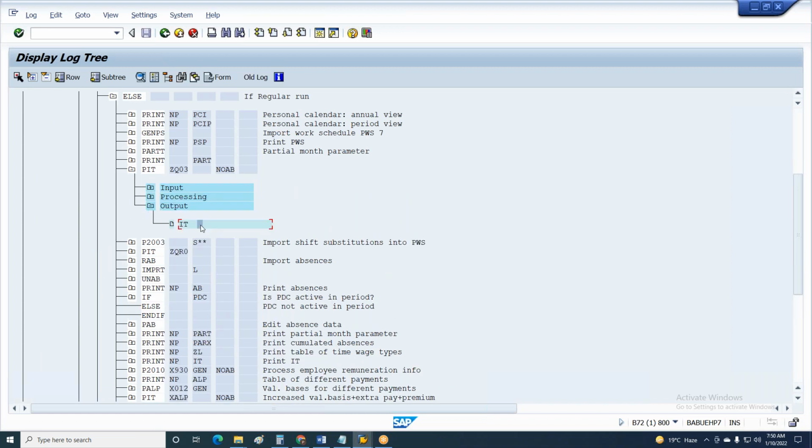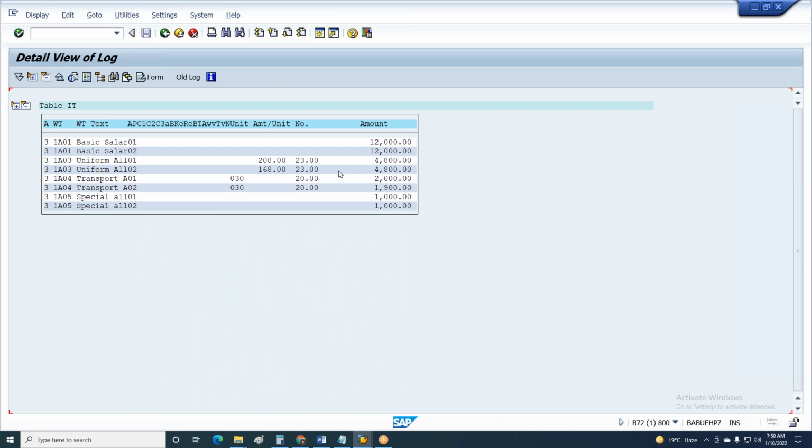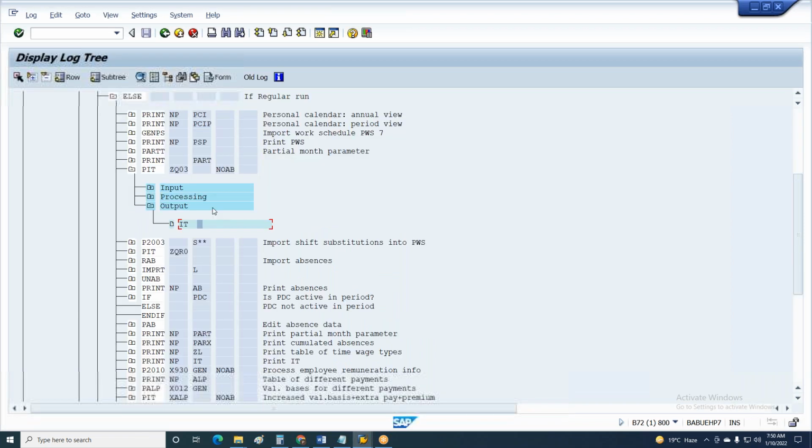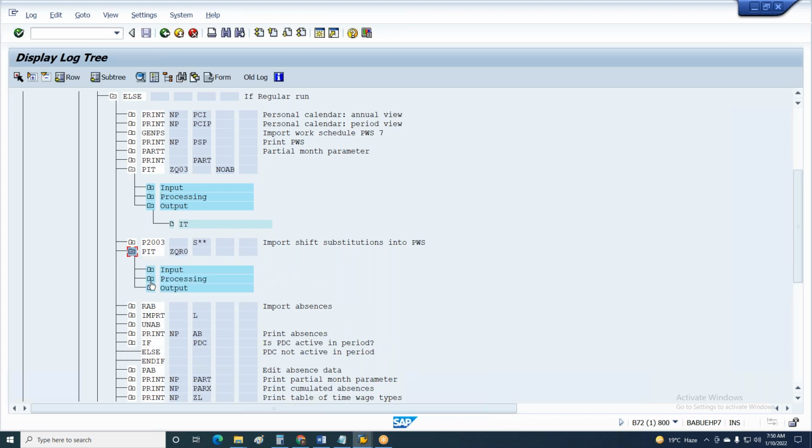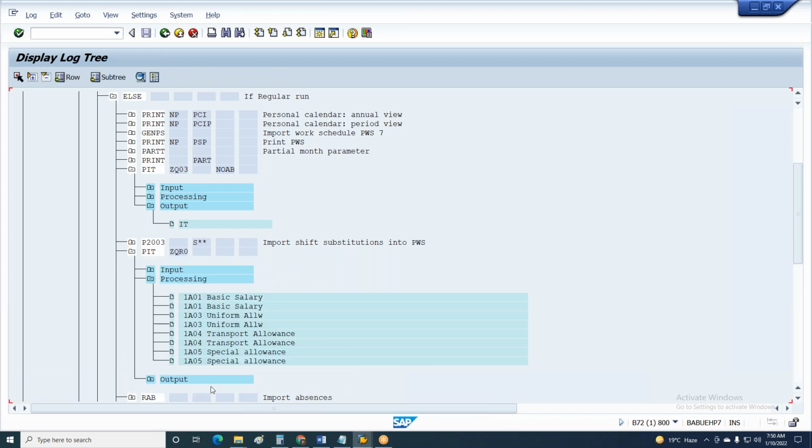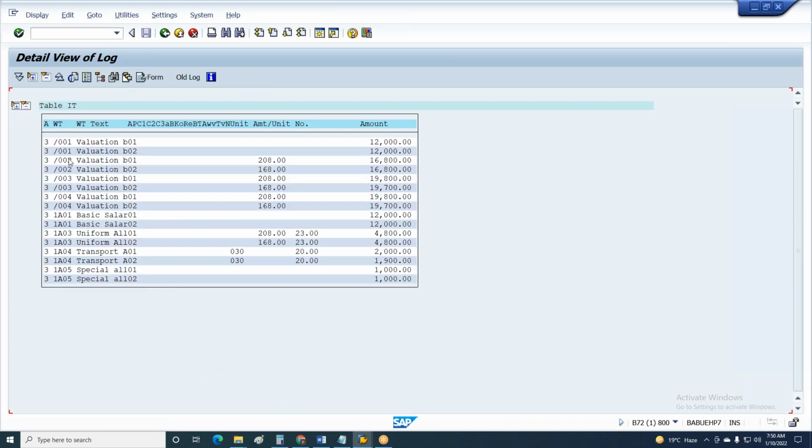Bases are generated. There is a basis here. /0 series wage types, 4 wage types are generated. Okay. Why are these units required in this?